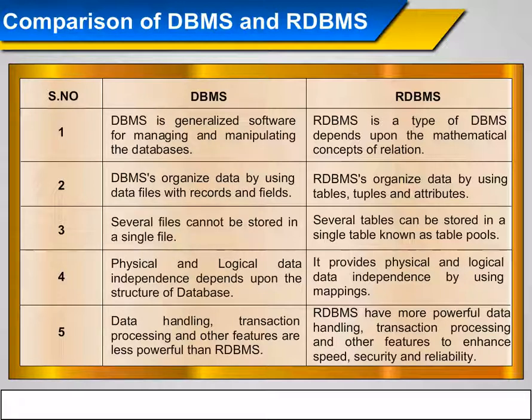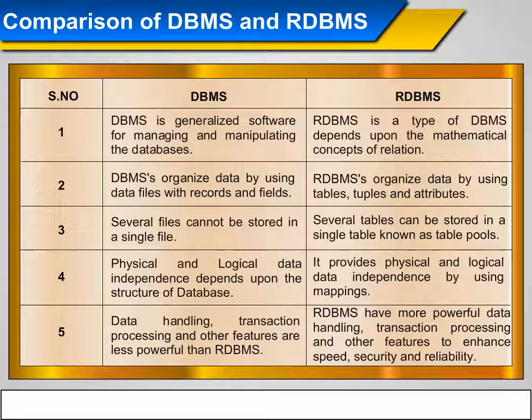DBMS organizes data by using data files with records and fields. RDBMS organizes data by using tables, tuples, and attributes. Several files cannot be stored in a single file. Several tables can be stored in a single table known as table pools.